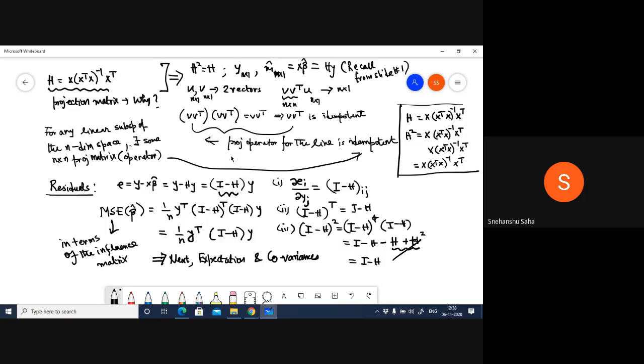I said that in the first slide: I leave it to you to figure out why H is an idempotent matrix. It's simple matrix algebra. You just do this computation inside, and you should be able to recover this H.